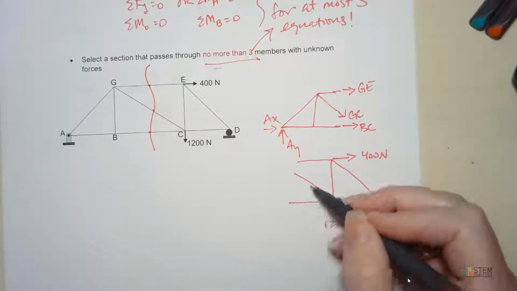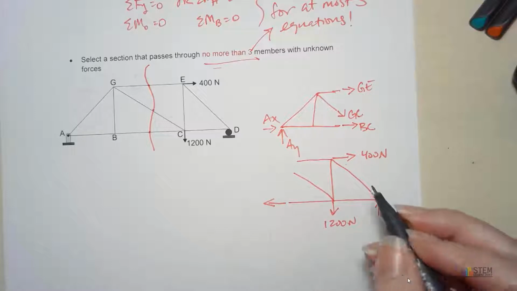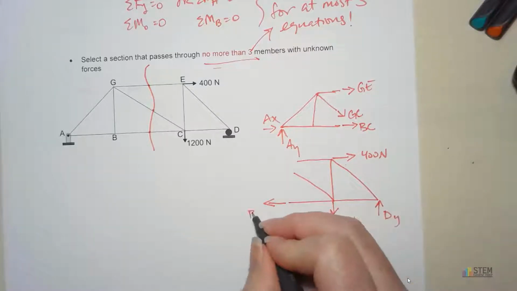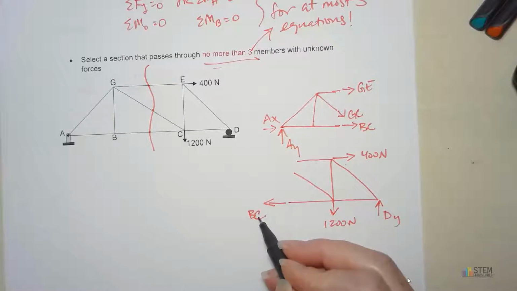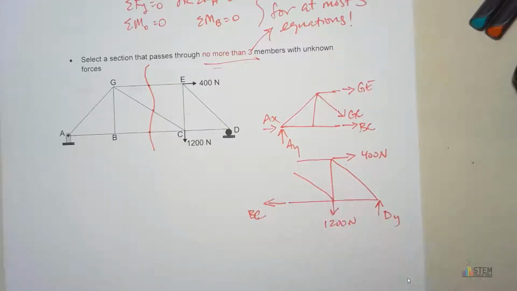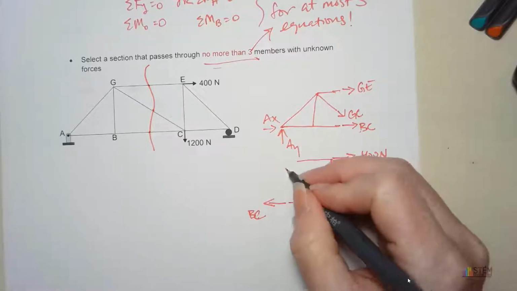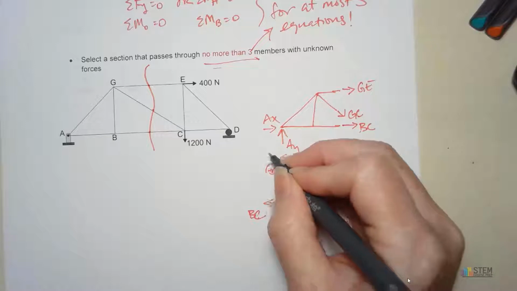And then you've got the three forces that you cut through. So there are forces going through those members, so you just draw your force going out again, and then label it. So BC, now notice, equal and opposite. This one here is GC, and then here is GE.